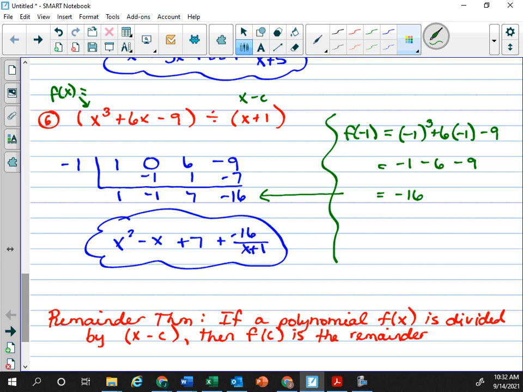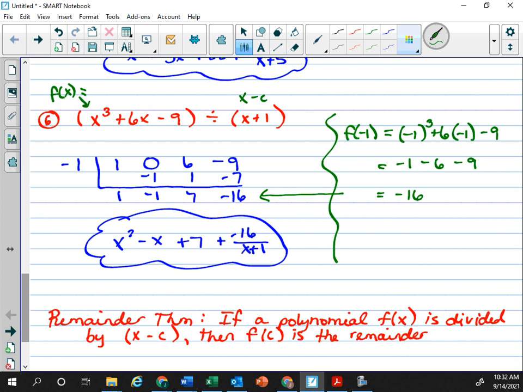Same thing we got over here, right? It's a nice way to check your division to make sure you've done it right. You can just plug it in real quick in your head, and if you get the same remainder, you're like, okay, yeah, I did it right. But if you get a different remainder, then you probably want to go back and check and see what was happening. Does that make sense what that theorem's telling you? You can just plug in the value and find the remainder.